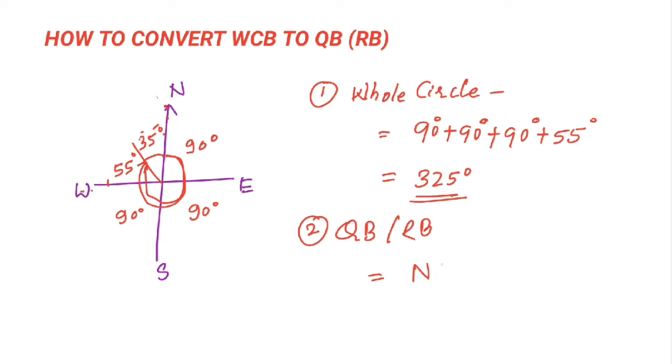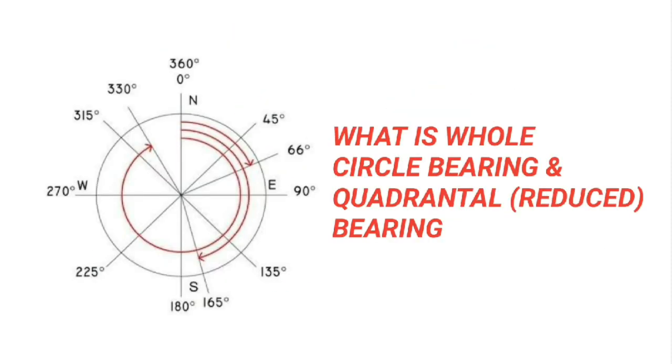So north 35 degree west is the angle which we can write in quadrantal or reduced bearing system. So here is the simple explanation about the whole circle bearing system and quadrantal bearing system.